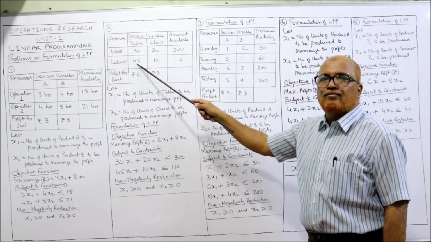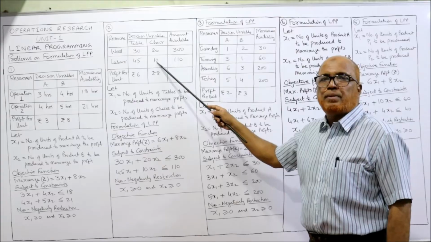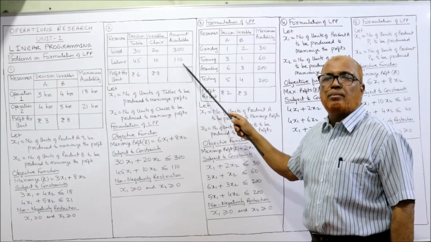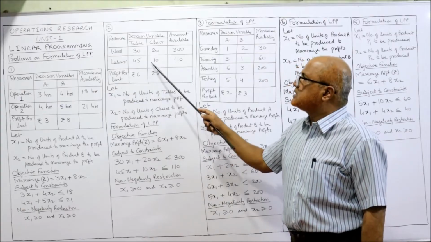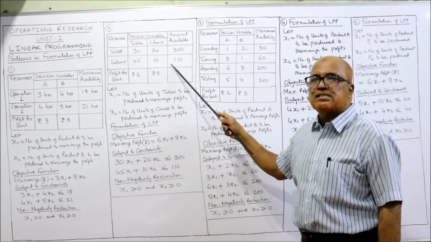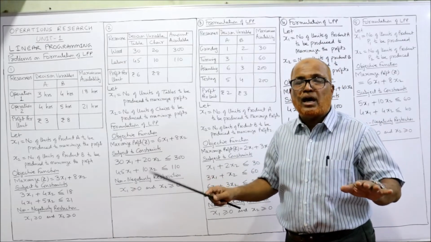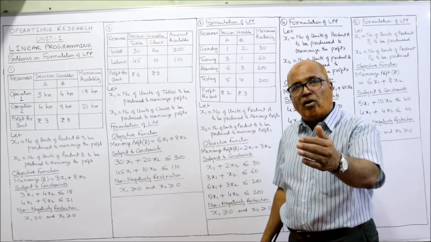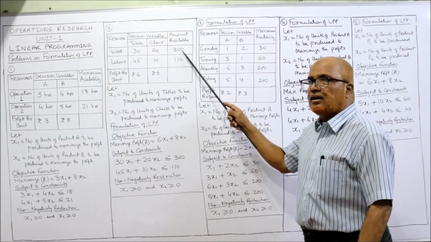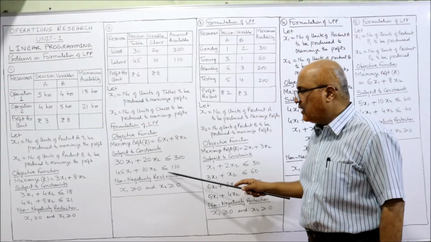Now 45 hours per unit of table, 10 hours per unit of chair and total maximum hours 110. So 45x1 plus 10x2 is less than or equal to 110. Because we don't have more than 110 hours, we can use either 110 or less. Similarly 300 or less. That's why this symbol is less than or equal to.